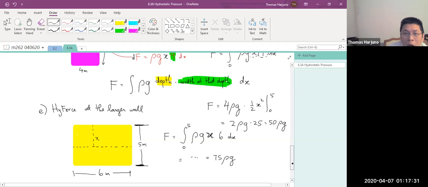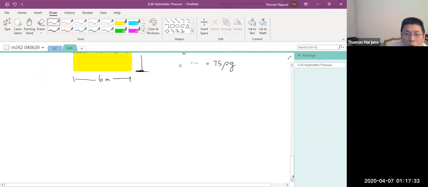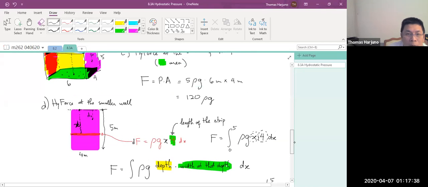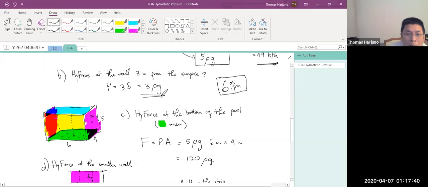Now we come up to, what does this mean? This means the following. Remember part C, that's the hydrostatic force at the bottom of the pool. That's basically the amount of force you need to exert if you try to hold the water from below. How much force you need to exert such that the water stays constant, not moving?